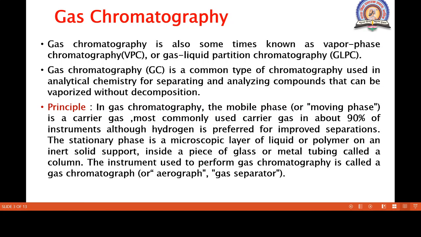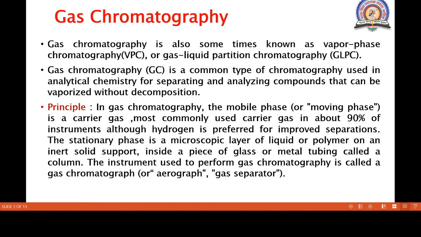Okay, then we see the principle. In gas chromatography, the mobile phase, in other words the moving phase, is the carrier gas. The most commonly used carrier gas in about 90% of instruments, although hydrogen is preferred for improved separation. And the stationary phase is a microscopic layer of a liquid or polymer on an inert solid support inside a piece of glass or metal tubing called a column.